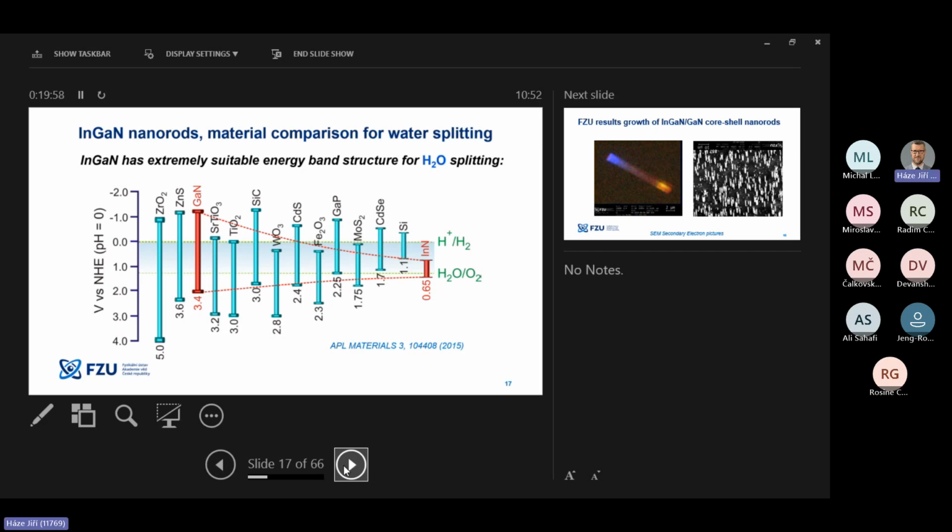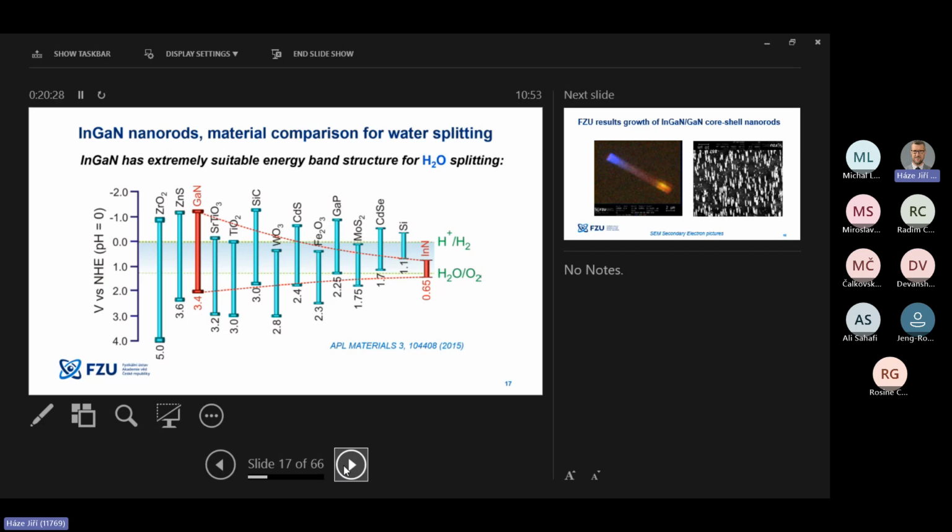The main idea is that indium gallium nitride has a very nice position of conduction and valence band, at around 35% of indium. It should be almost perfectly adjusted to the oxidation and reduction potentials of water, so it can split the water photocatalytically.